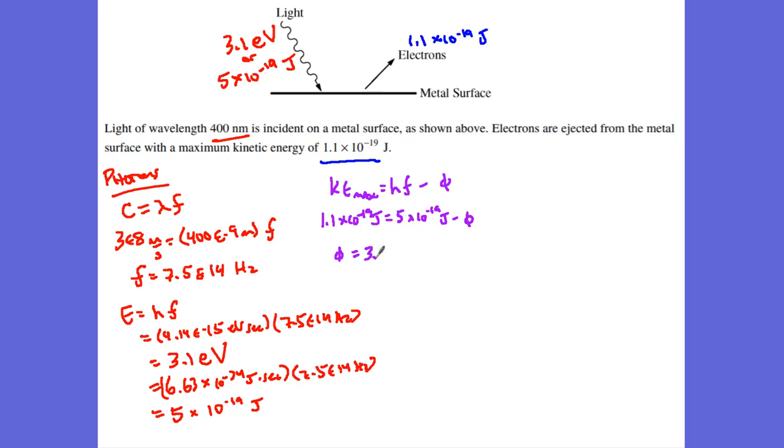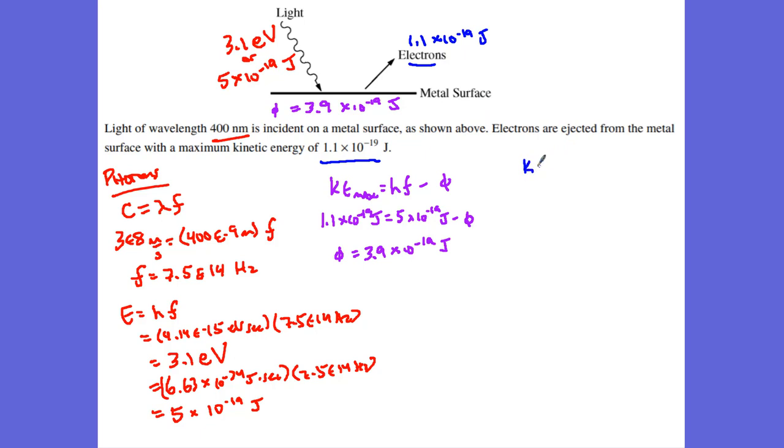Well, that was 3.9 times 10 to the negative 19 joules. Think about that logically. You had $5, someone absorbed $3.90, which meant you had $1.10 left over. Okay, that makes logical sense, hopefully. So the work function, or the metal, absorbed 3.9 times 10 to the negative 19 joules, and off comes 1.1. Now, that 1.1 times 10 to the negative 19 joules is the kinetic energy of the particles, the electrons.